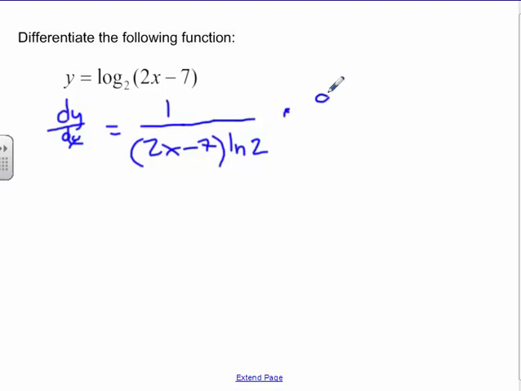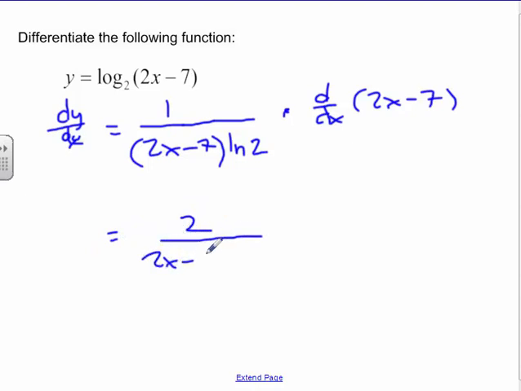And then after that, we still need a chain rule, which means I need the derivative of 2x minus 7. So our final answer here is actually going to be 2 over 2x minus 7, ln 2.